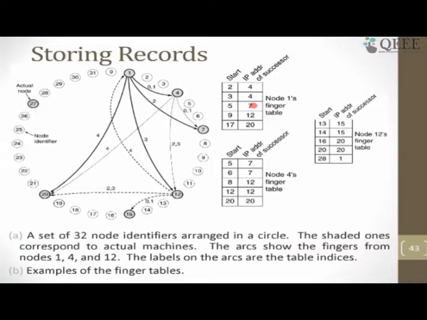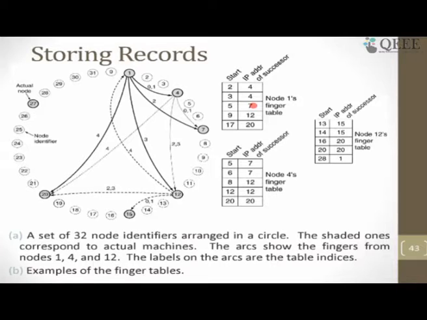Okay. So, once you have the finger table, how to traverse? This is the next question which you may ask. So, now here you see, first let us assume that all machines are put.